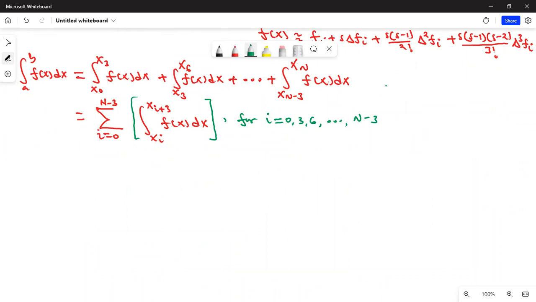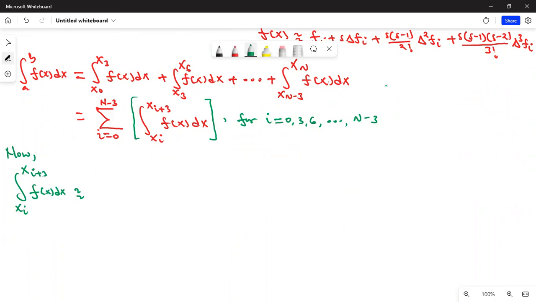So you can say here that now the integral from xi to xi plus 3 of f of x dx is approximately equal to, now I'm going to use the Newton forward difference interpolating polynomial of degree 3.